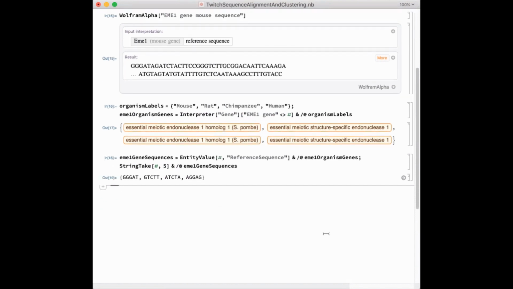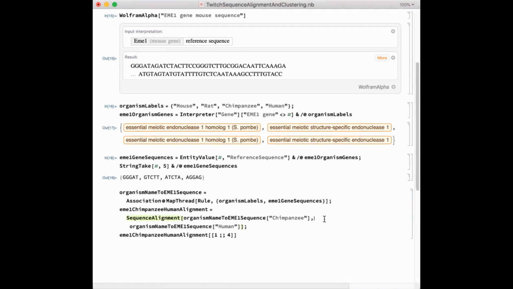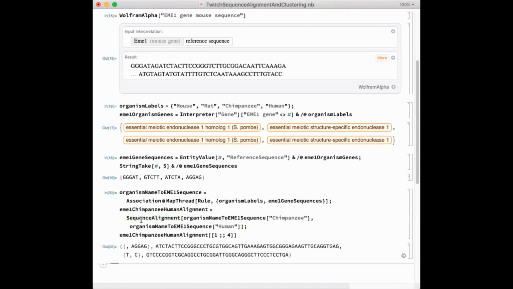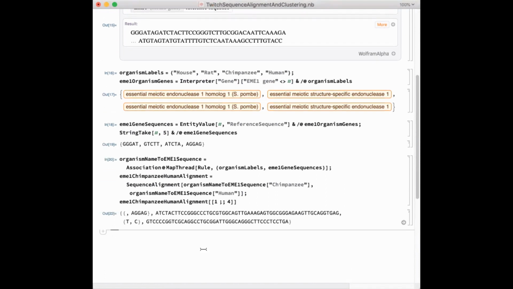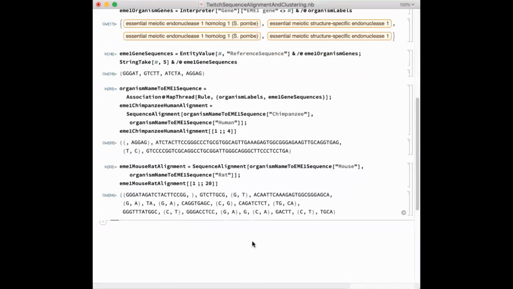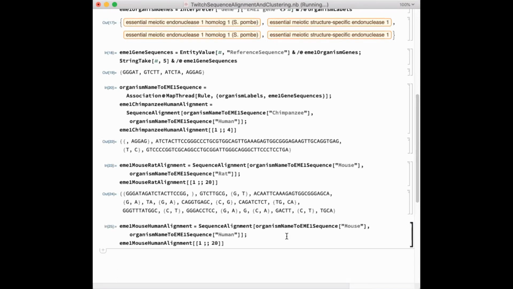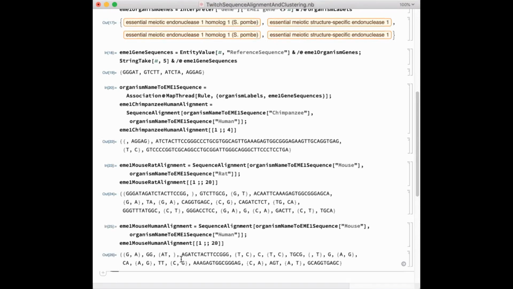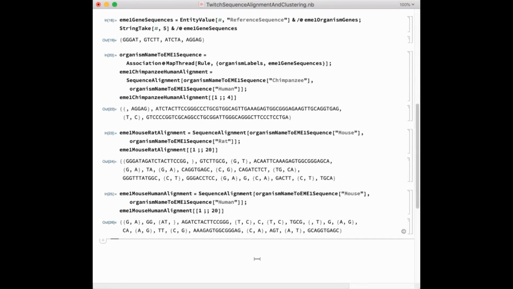Now, looking at the beginning of these gene sequences, it appears that humans and chimpanzees, once we align them, are quite similar in terms of this gene, while mice and rats are comparatively less similar, but still much more similar than mice and humans, which are getting to be rather dissimilar.